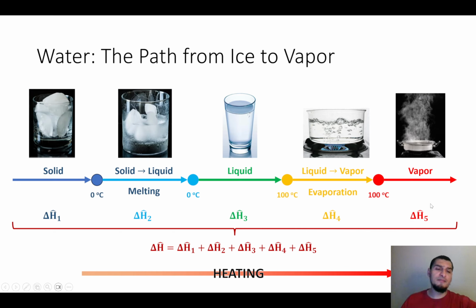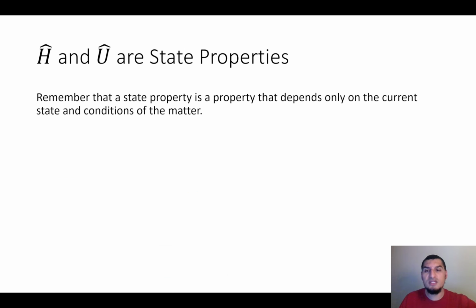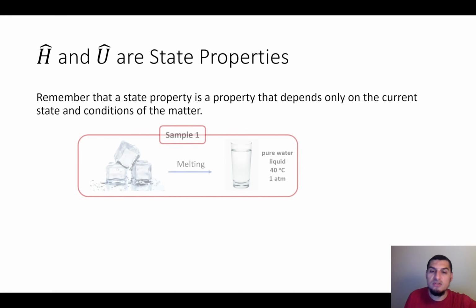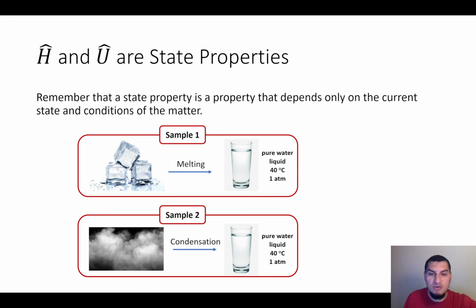So there is one more thing that we need to remember, which is that the enthalpy and internal energy are state properties. We mean by state properties that they are properties that depend only on the current state and conditions of the matter. For example, just to remind you, we gave two examples of liquid water. One of them was ice that melted, and one of them was vapor that condensed. And we said that both samples are at the same conditions of phase.